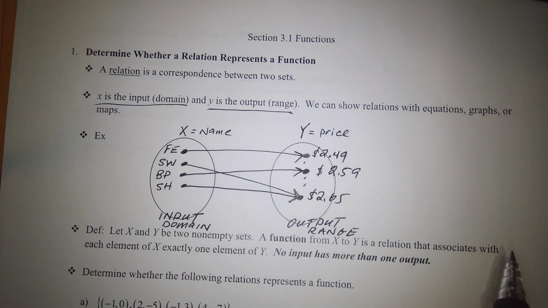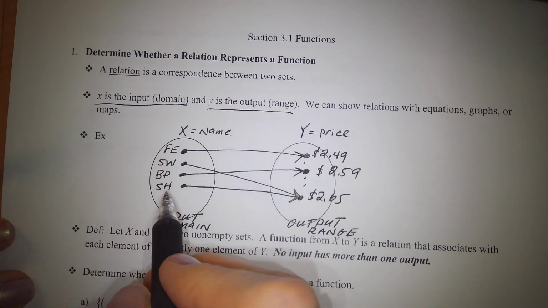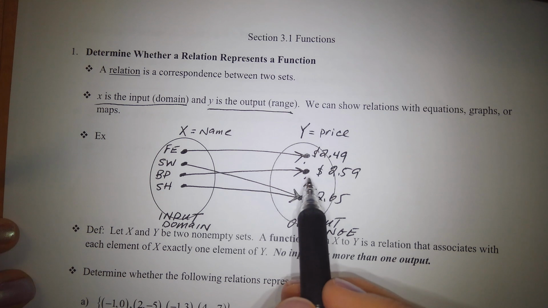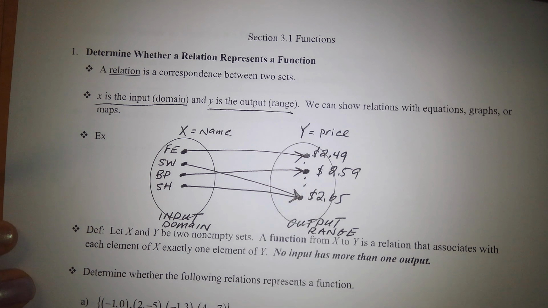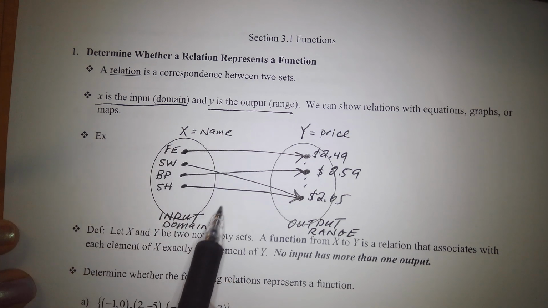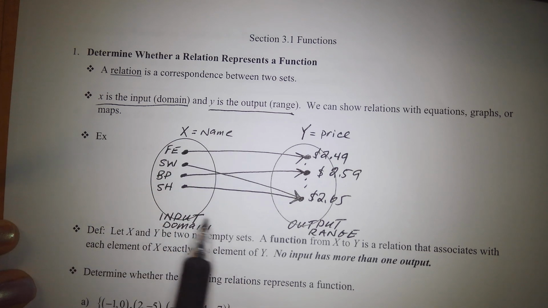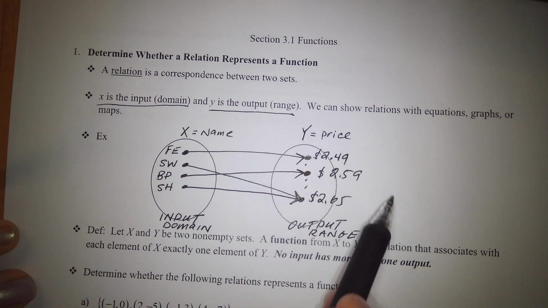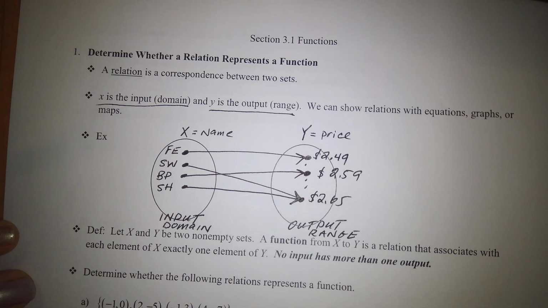So this would be an example of a relation between the name of the gas station and the price of the gasoline at that gas station. Again, the input or the domain is a set of all points in your X that give you the output or the range, which is the set of all points in your Y.